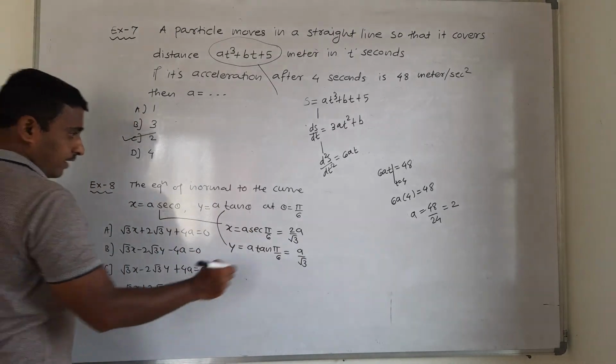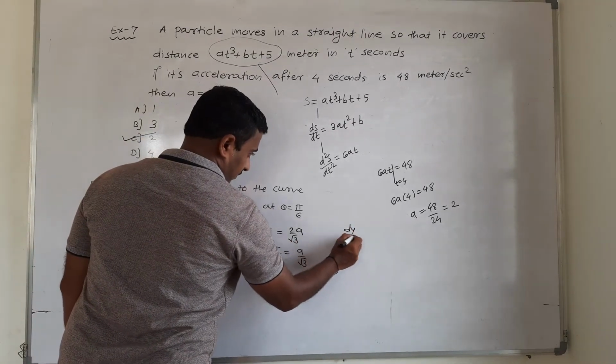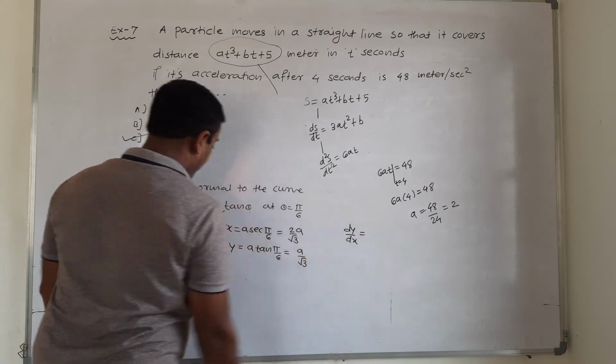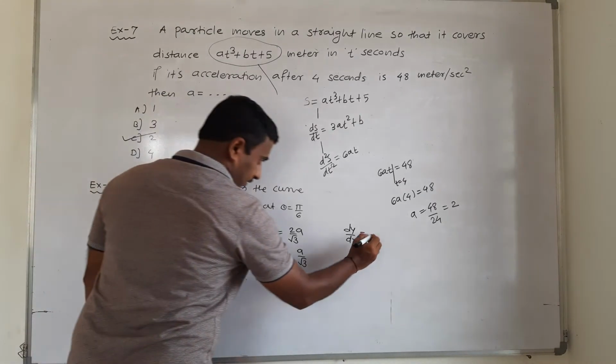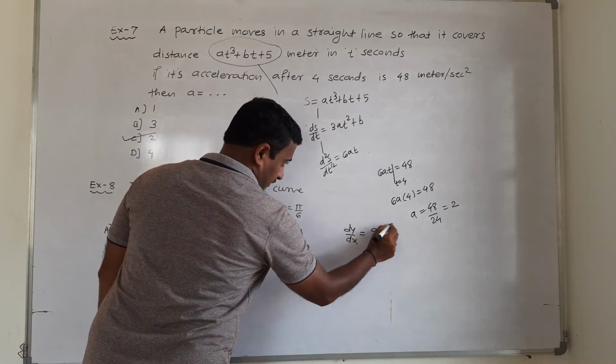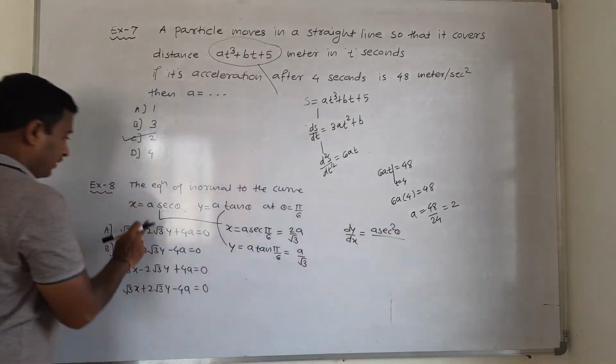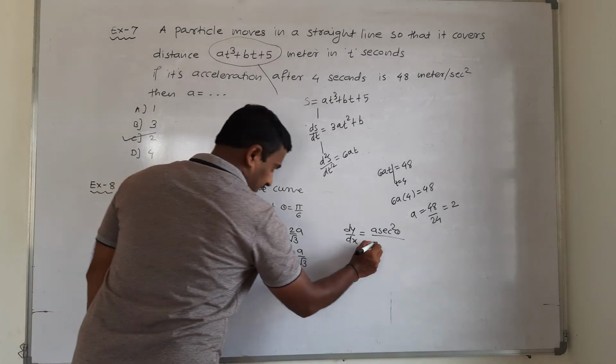Now the derivative, we want the slope dy by dx, that is dy by d theta of a tan theta, derivative a sec² theta, upon dx by d theta, a sec theta tan theta.